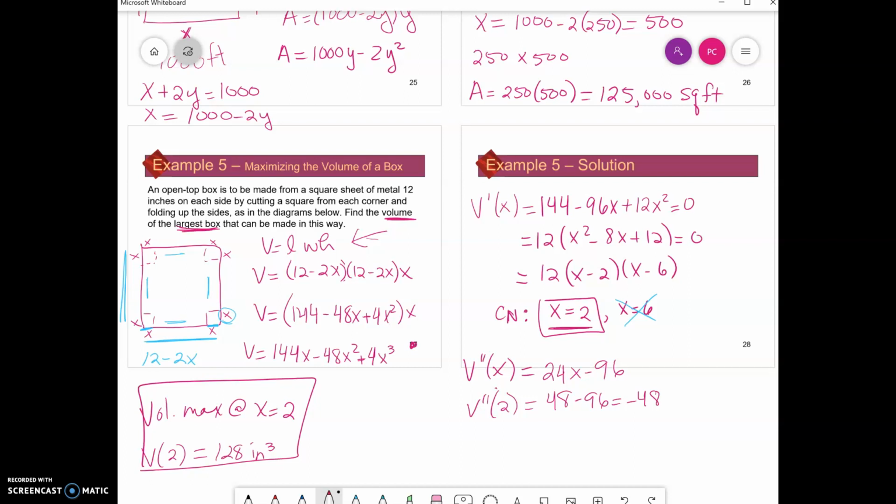Any value that's not in the domain or doesn't make sense for the problem, you can ignore. Take the second derivative at your x value to determine if it's a max or a min, and then plug that value back into your original function to find the maximized value. All right, if you have any questions, let me know.